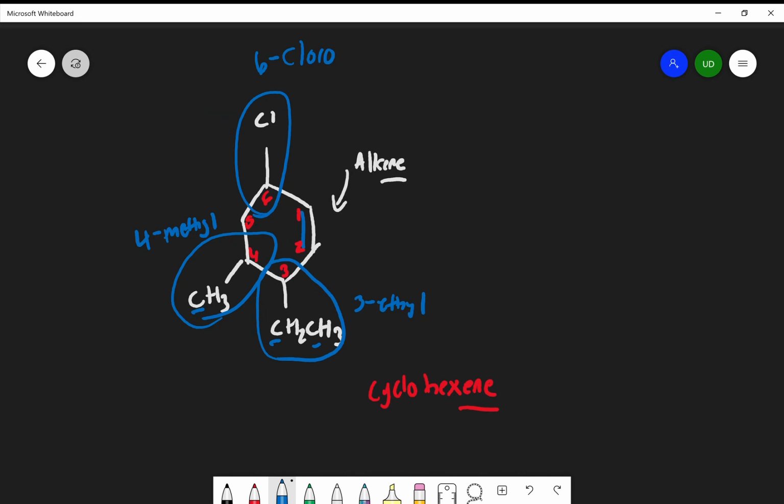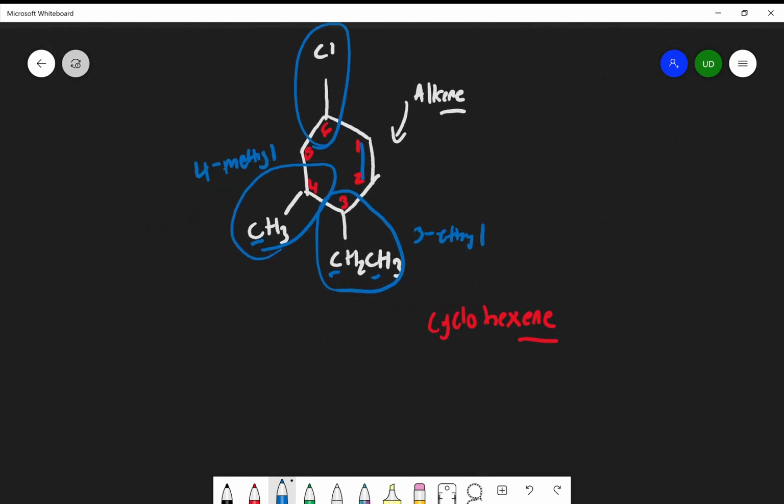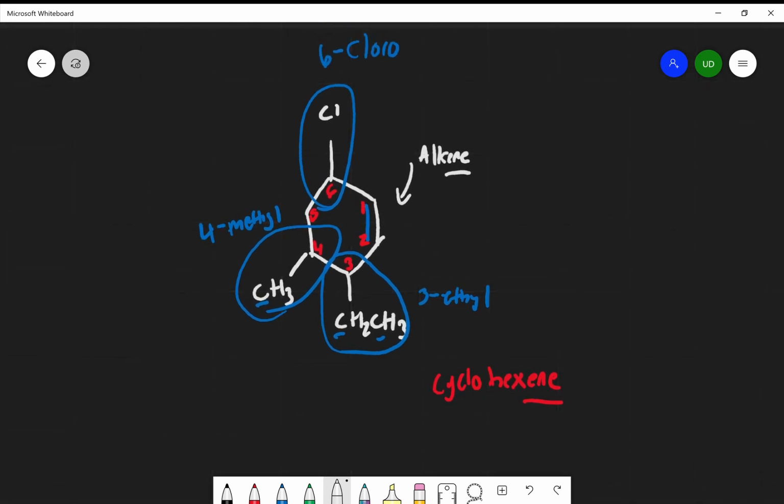So now that you know these, we can write its proper name. Now, ethyl does come before methyl due to alphabet, but chloro comes before ethyl based on the alphabet.